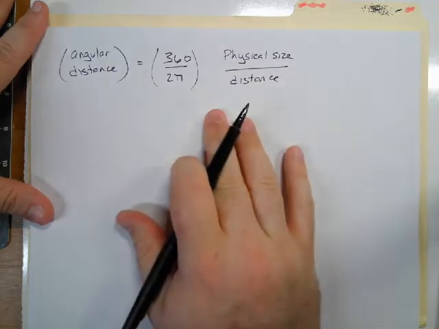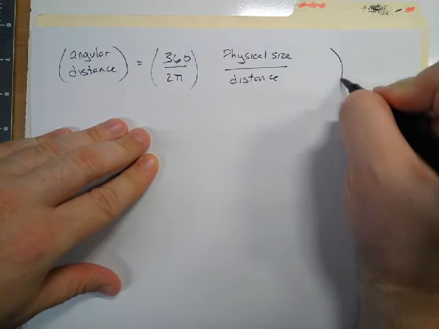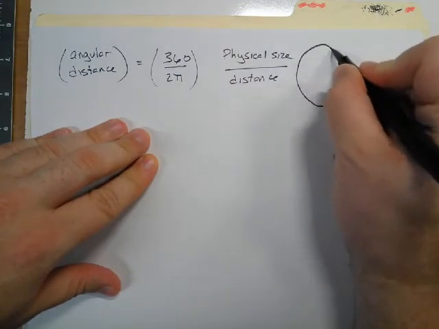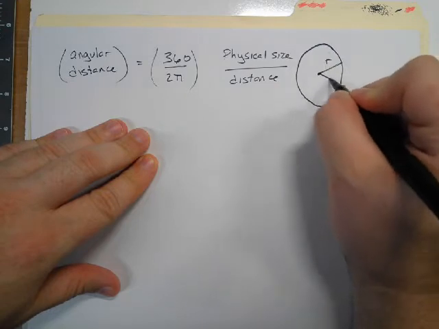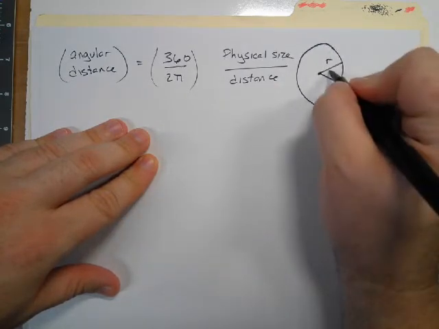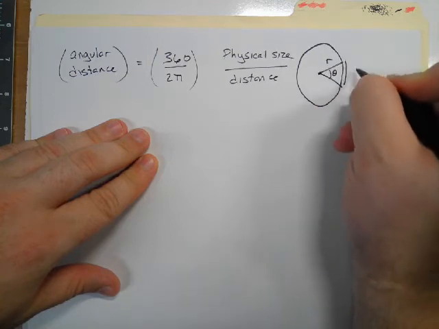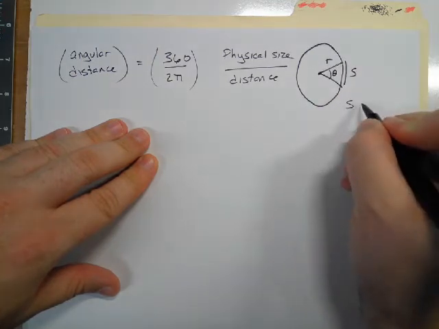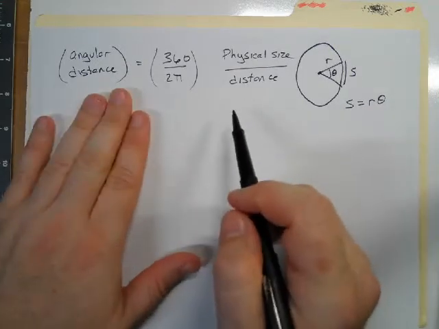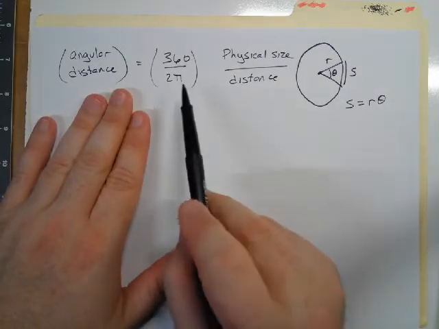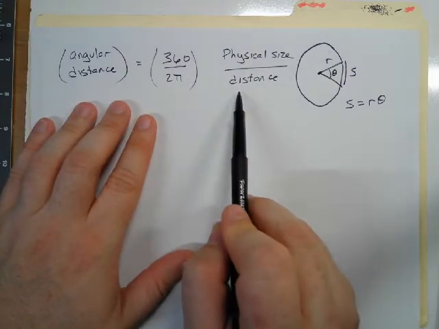Now, in your math classes, you may have seen this. And if I draw in an arc like this, part of a circle, there's the radius r, and we'll put in theta here, and this arc length is s, and these things are related. S is r theta. That's all this is. Our arc length is our physical size, and our distance is the radius.